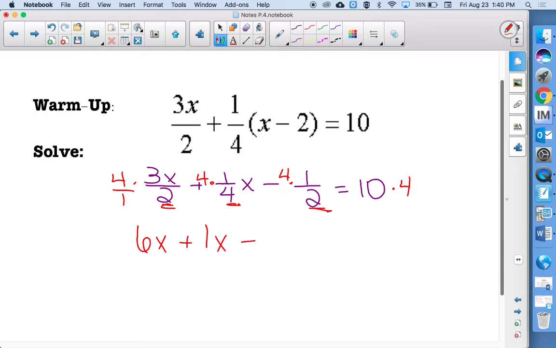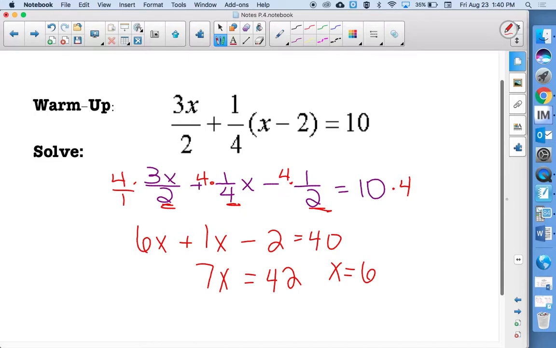And then 4 times a half is? 2. And then on the other side, 4 times 10 is 40. But by using the least common denominator, you're eliminating the denominator from the problem, and then you don't have a fraction remaining. So now I have something that looks pretty nice because I can add those together, take the 2 to the other side, and you get 6. Questions?